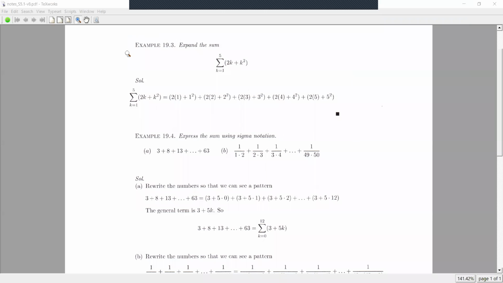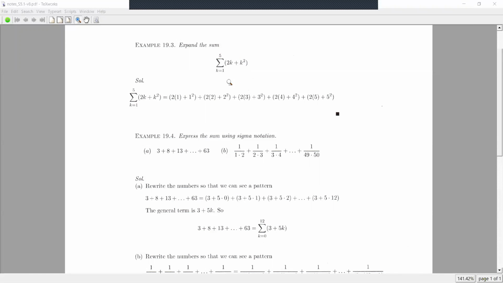The following two examples are about the sigma notation. Example number 3. Expand this sum. This sum is written in sigma notation. k is a variable. k can change from 1 to 5. From 1 to 5, there are 5 numbers.